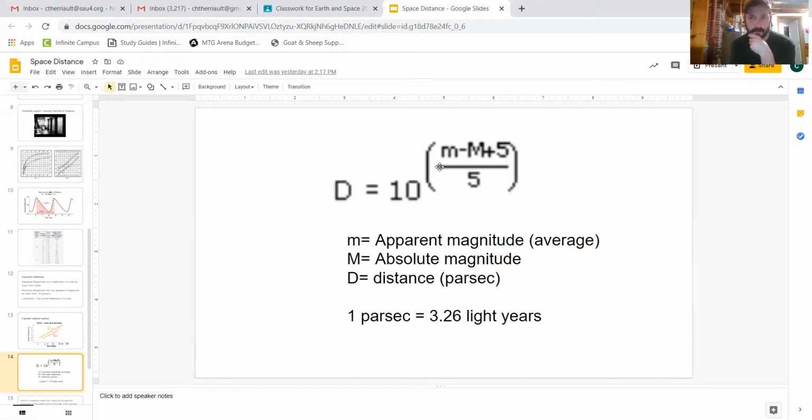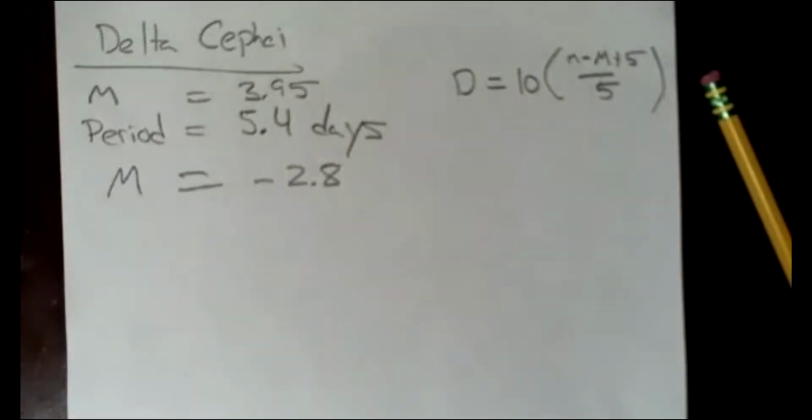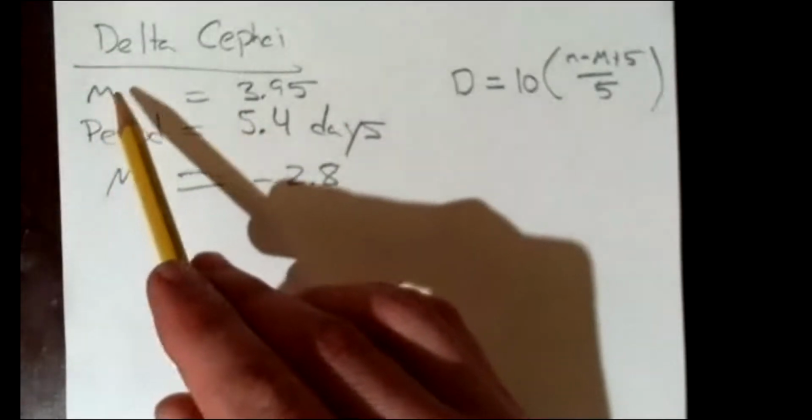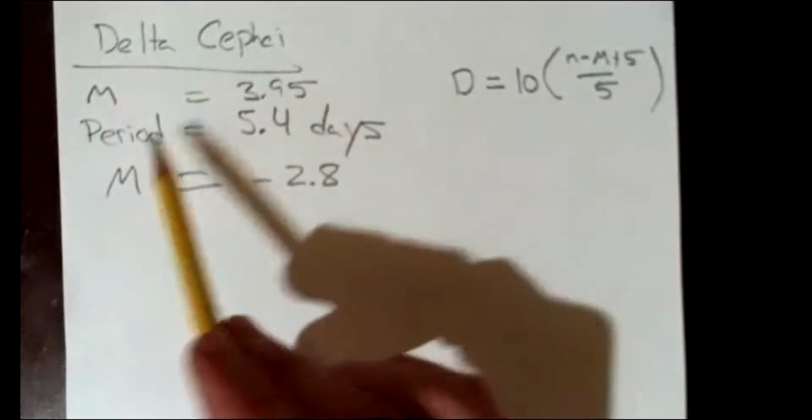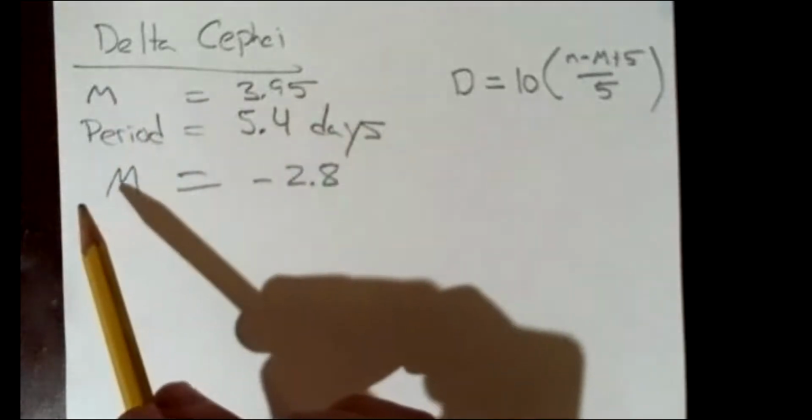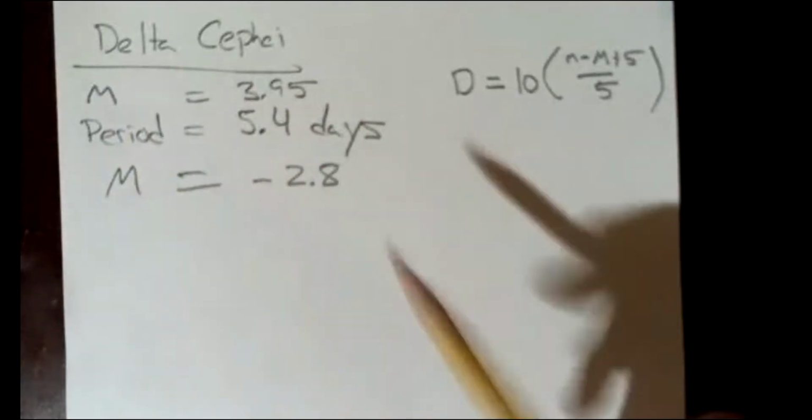Let me switch to my document camera. All right, now you see the work I've placed down so far. I have the apparent magnitude little m 3.95, the period 5.4 days, and the absolute magnitude of negative 2.8.